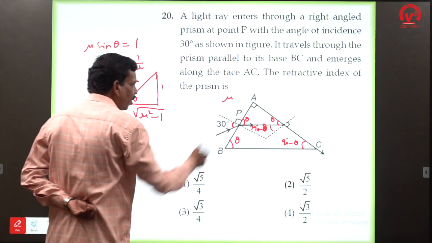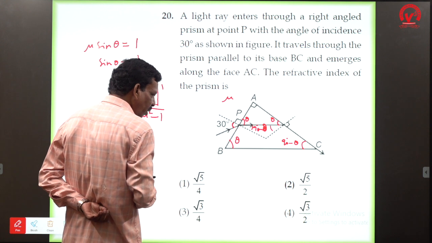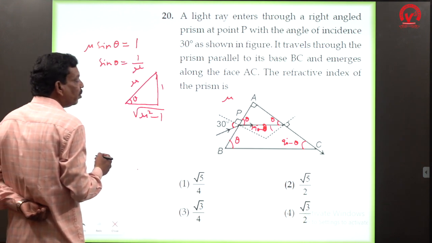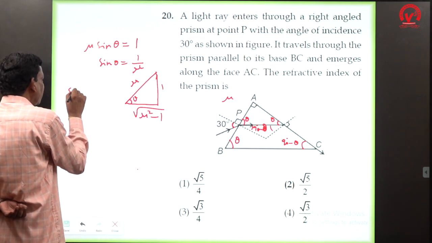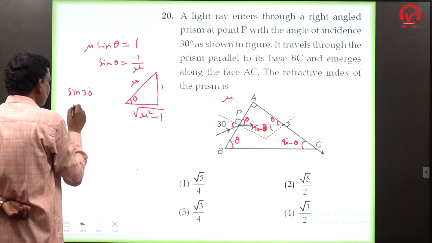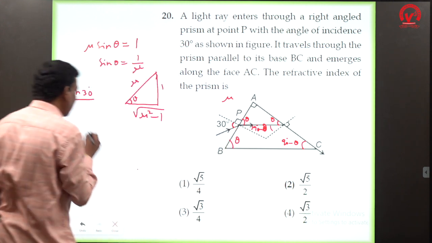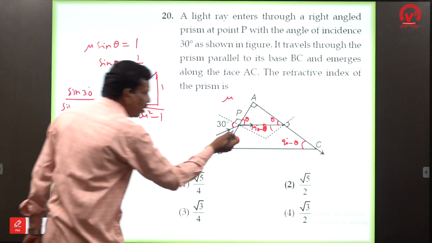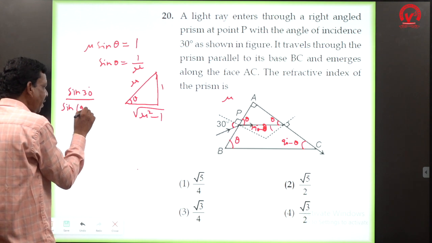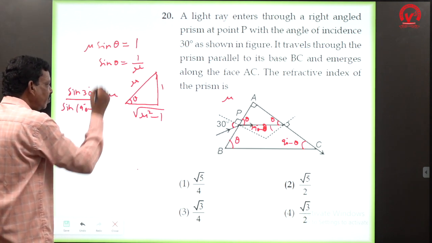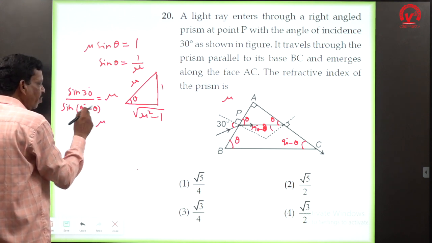Now apply Snell's law for this. Snell's law, what do we have? Sin 30 by sin r. Sin 30 degrees by, here the angle is 90 minus theta. Refracted ray makes an angle 90 minus theta. Sin 30 is equal to mu into sin of 90 minus theta. So it is 1 by 2 is equal to mu into cos theta.